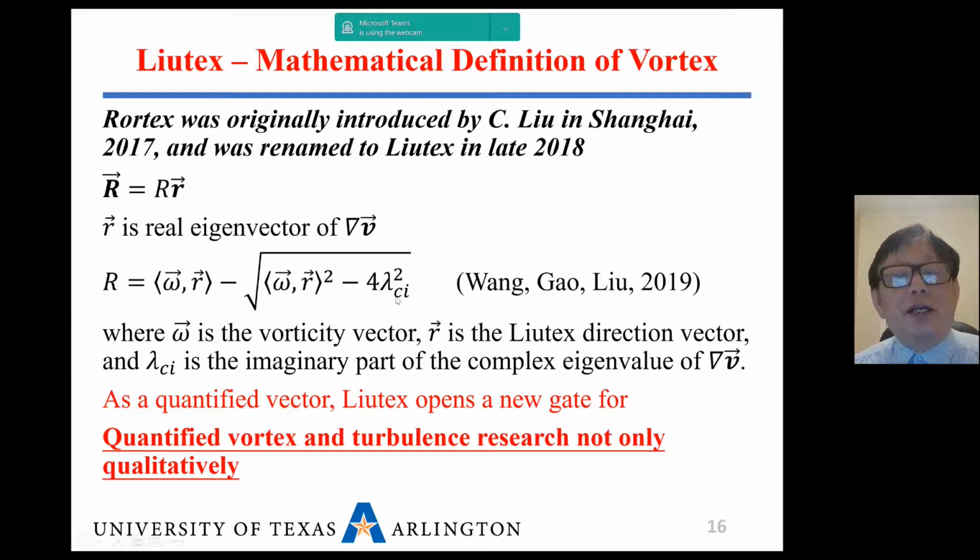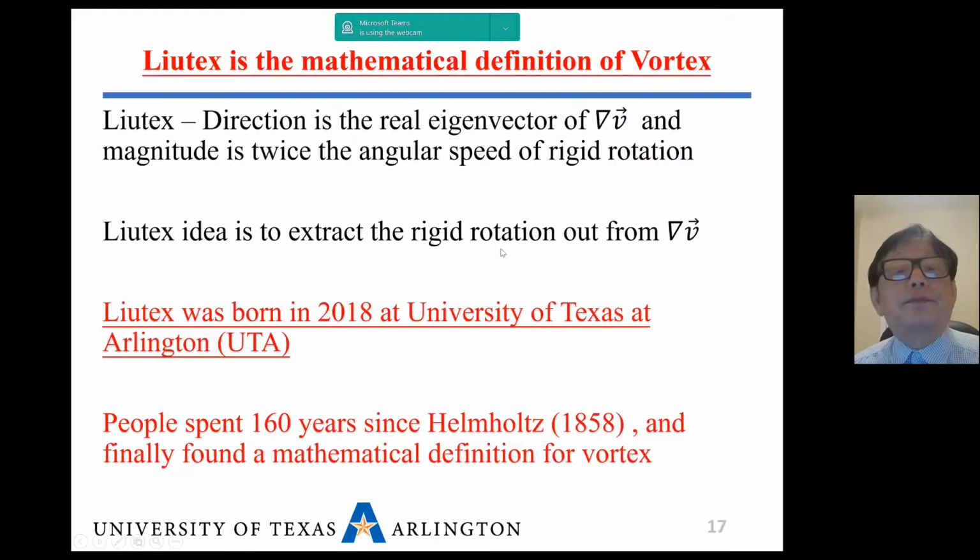and lambda ci is the imaginary part of the complex eigenvalue of the gradient of velocity tensor. Nutex is a mathematical definition of vortex, because the Nutex direction is really the vortex rotation axis.